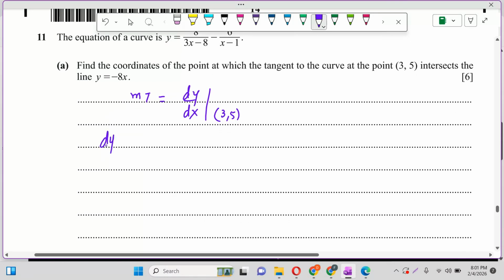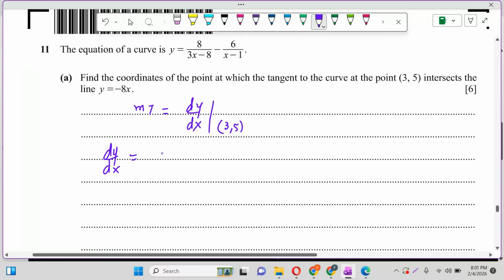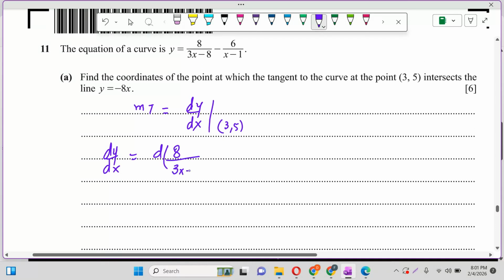So dy/dx can be found by differentiating the given curve equation, which is the derivative of 8/(3x - 8) - 6/(x - 1) with respect to x.